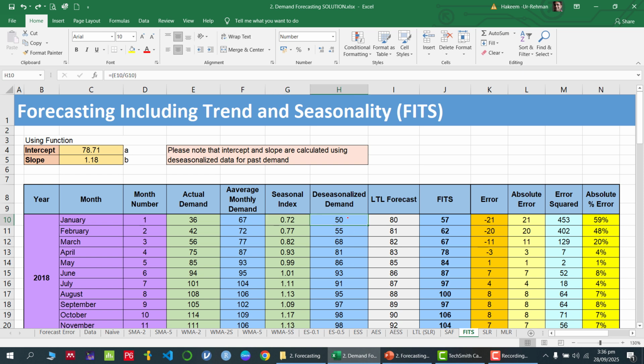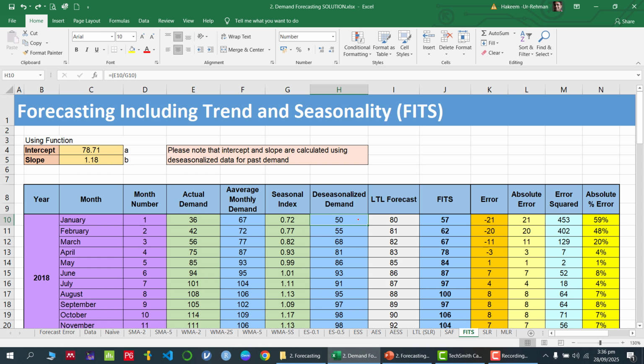Now, in order to calculate the deseasonalized demand, we are going to divide the actual demand by this seasonal index.